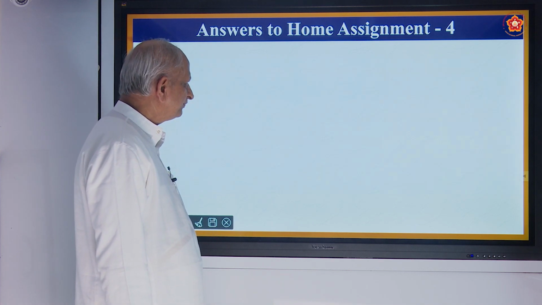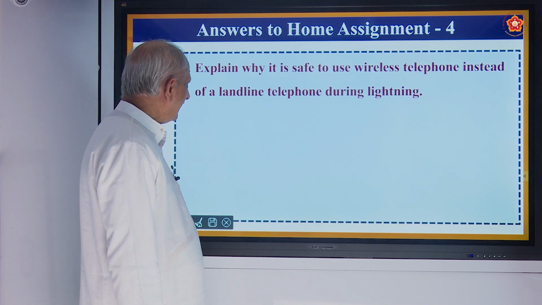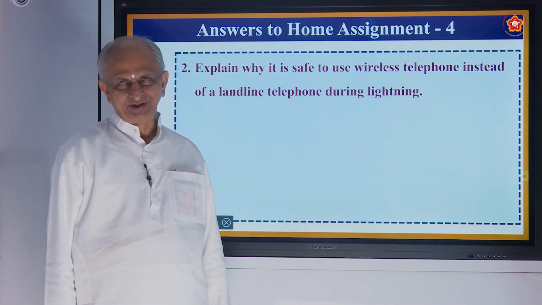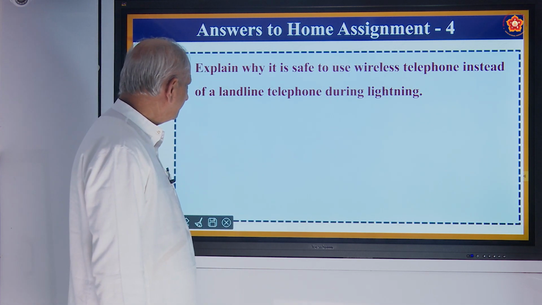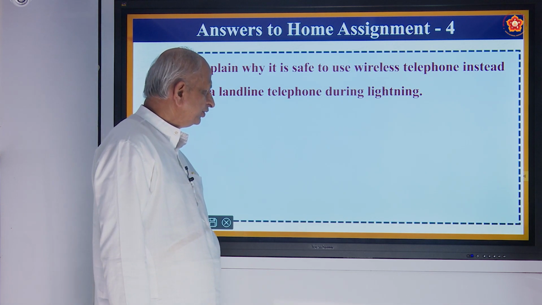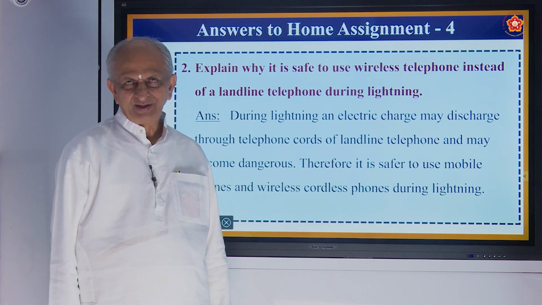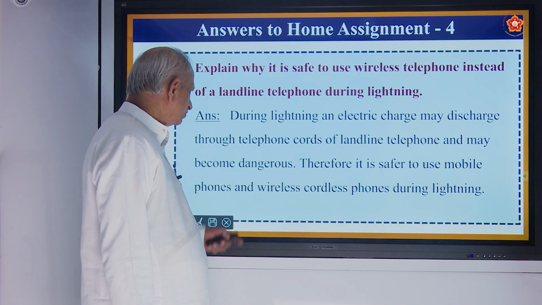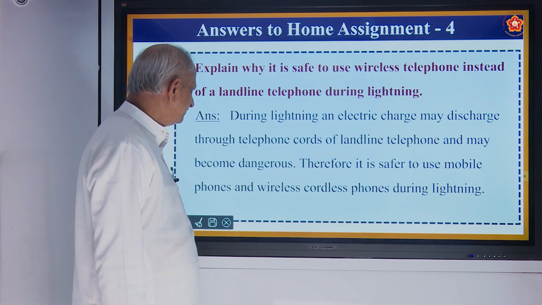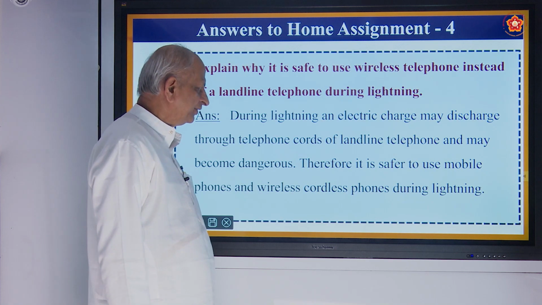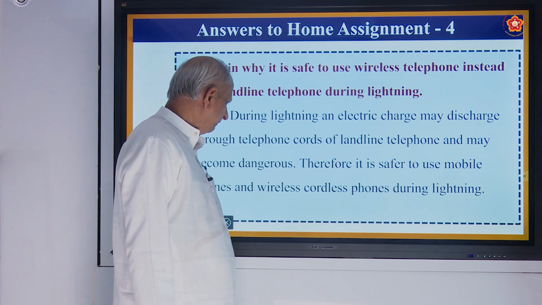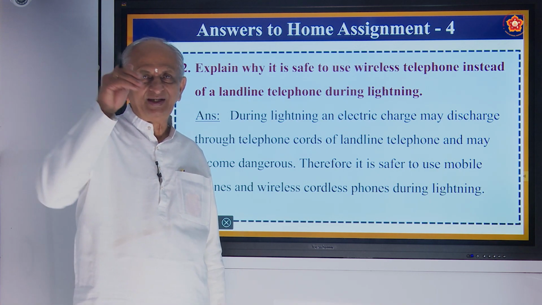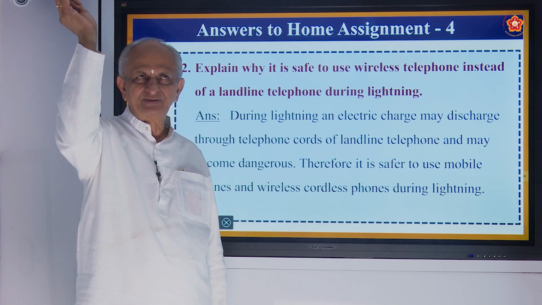Now, second question, explain why it is safe to use wireless phones, what you call cordless phones, instead of landline telephone during lightning. Landline will have what is called wires. So during lightning, an electric charge may discharge through telephone cords of landline telephone and may become dangerous. There will be wire, no? That wire is a conductor. So what happens when there is a lightning?